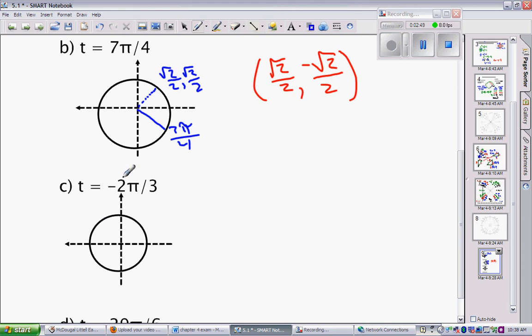So we need to go clockwise. This is negative pi over 2. Negative 2/3 pi, we are almost at negative pi. You're about a third away from it.